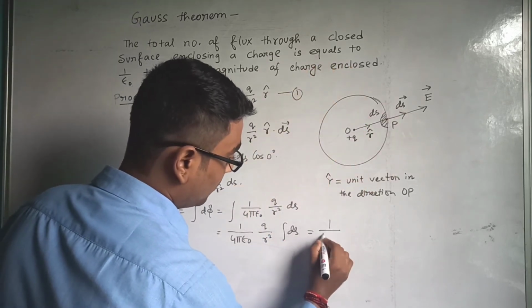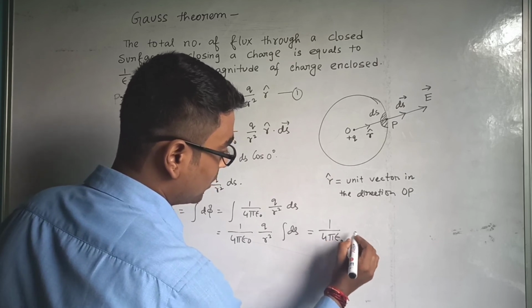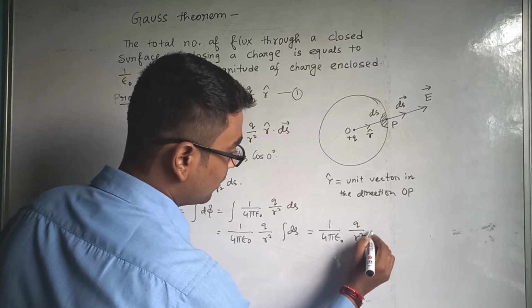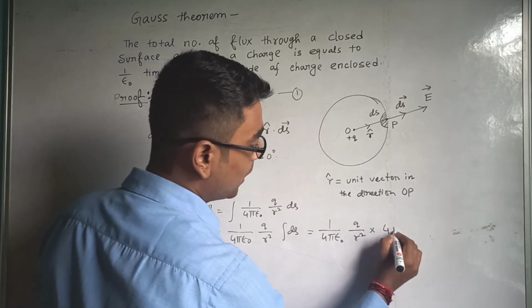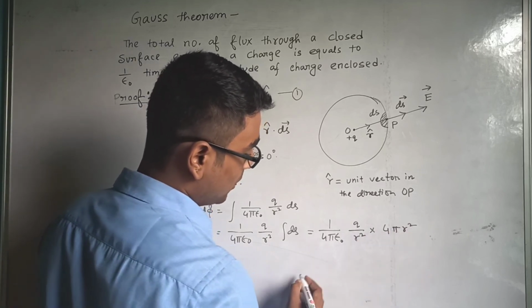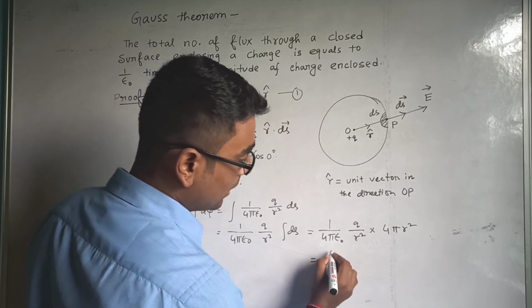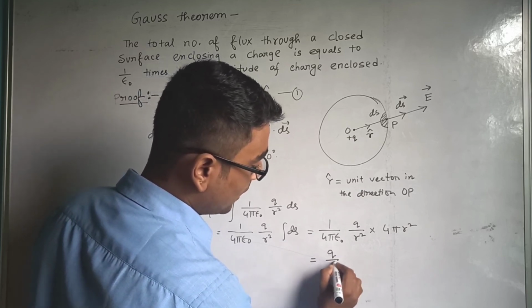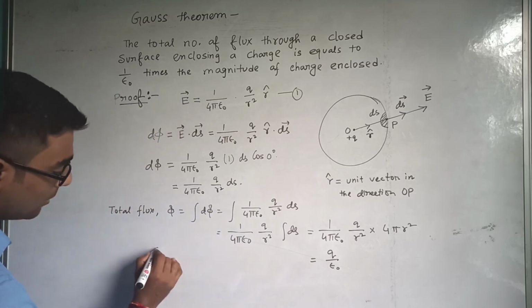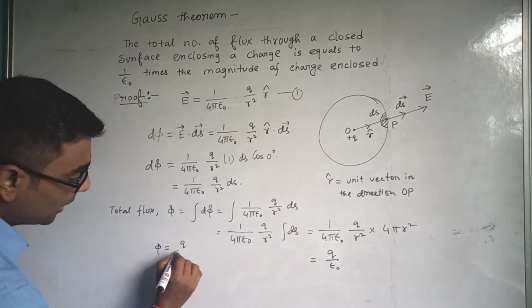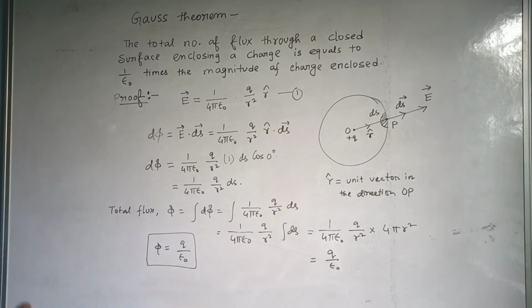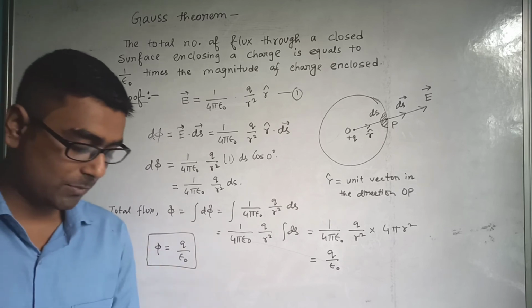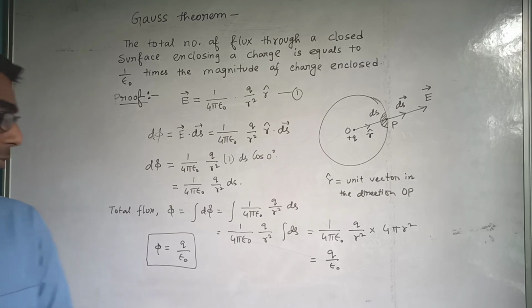So it will be 1 by 4 pi epsilon naught Q by r square multiplied by the surface area of the sphere, which is 4 pi r square. So it will be Q by epsilon naught. That means phi is equal to Q by epsilon naught, which is the Gauss theorem. In this way we can prove Gauss theorem for a point charge.